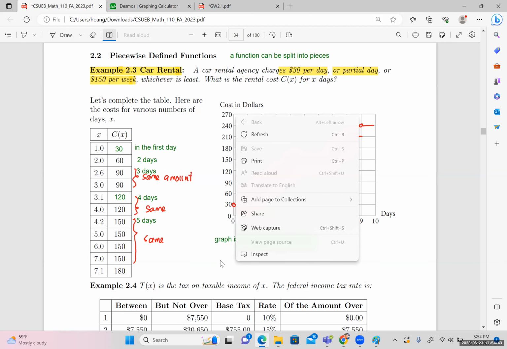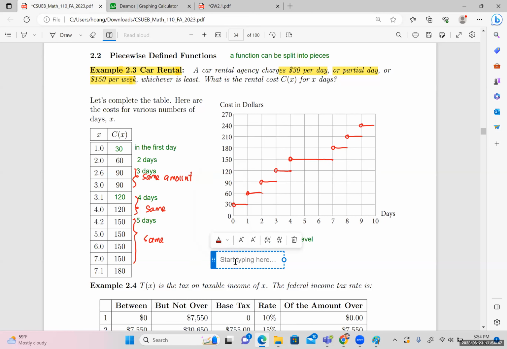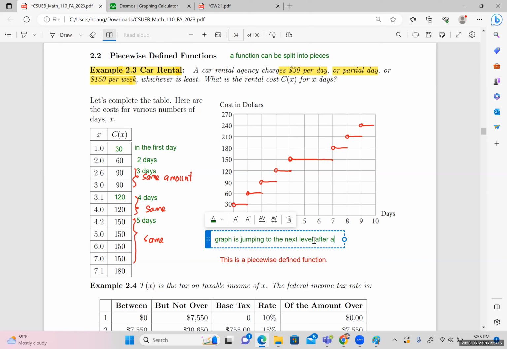This is a piecewise defined function, jumping to the next level after an interval, with a new requirement for the day.